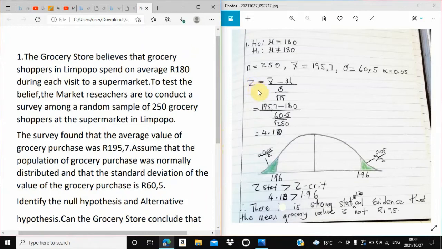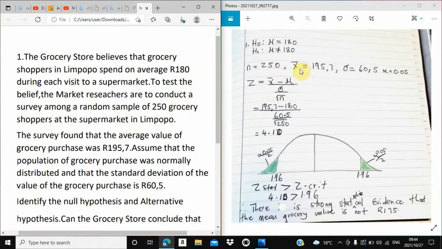We use it to check the statistical evidence: Z equals the sample mean minus mu, divided by the standard deviation divided by the square root of n. From there, we are given that our sample is 250. Here it is a random sample of 250.